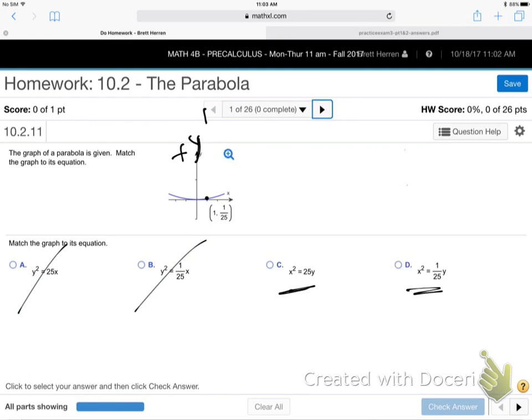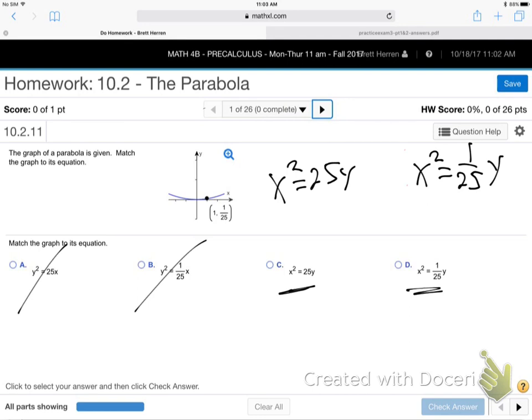You good so far? Then it's D, because those have positive y to the first power, don't they? And this thing's going up, positive y to the first power. Good. Now, which one of those is it? Is it x squared is 25y, or is it x squared is 1/25 y?